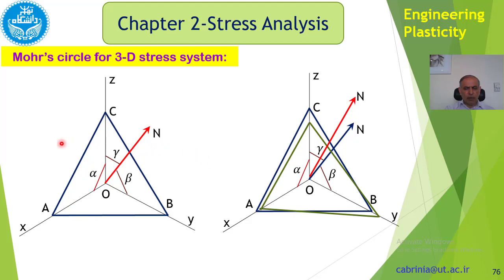In fact, all the sigmas are on one line, but here the sigmas are perpendicular to each other. Sigma 1, 2, 3 are perpendicular to these planes, so perpendicular to each other. But on the Mohr circle, they are on one line. So this 90 degrees has transformed to 180 degrees. If we have an angle here, we have twice that angle over there.